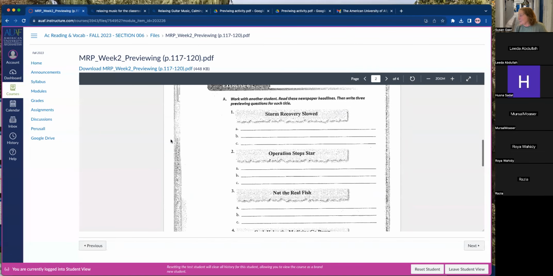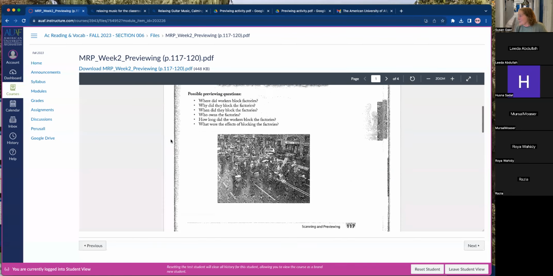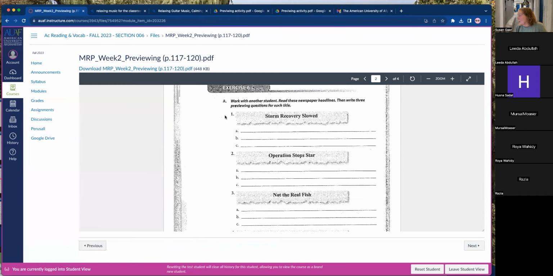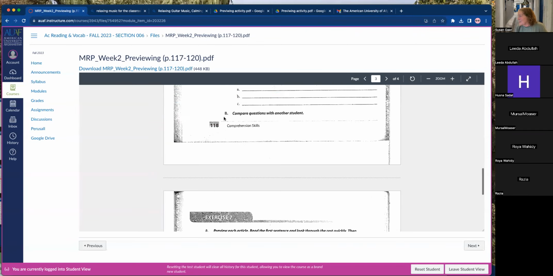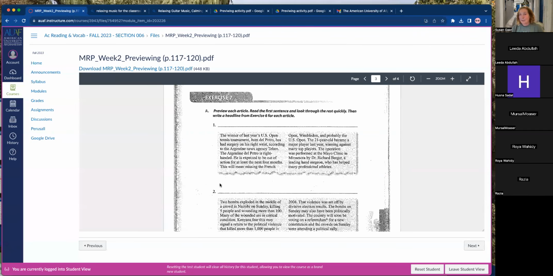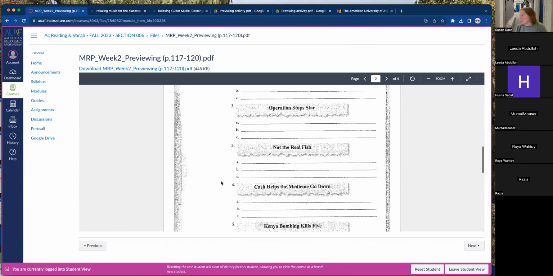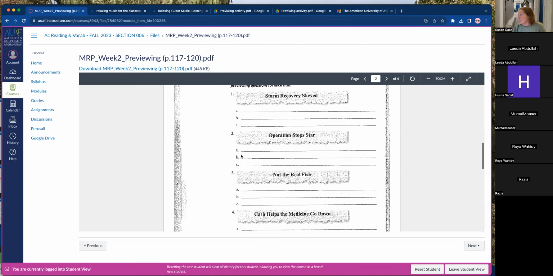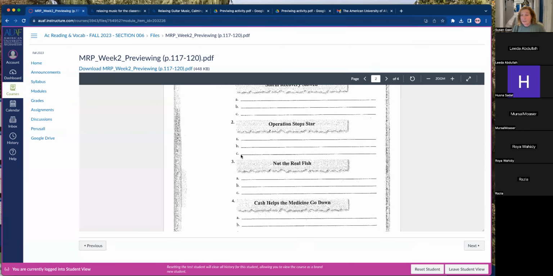So this is the text, and this is where you're going to do the worksheet. The whole idea here is you don't read these. If you read these first, you're losing the whole experience. What you're supposed to do is look at the title and write 3 questions about what you think it is about.